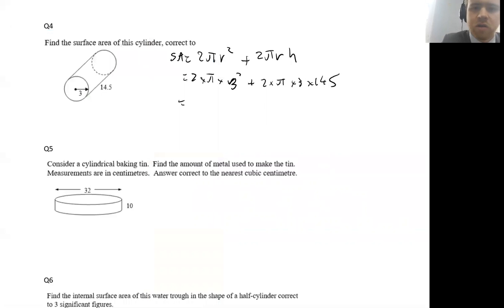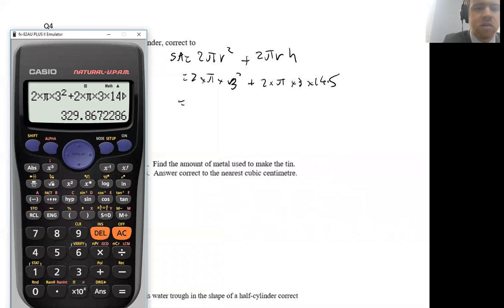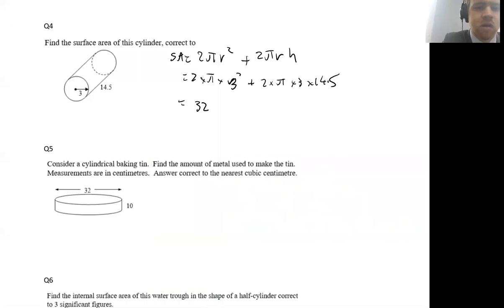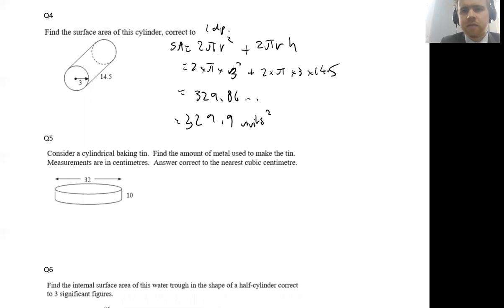Make sure, don't forget that point there. And we get our surface area, 329.86... equals 329.9. So let's go 1 decimal place. Okay, now it's going to be units squared. We don't have the units given. So that's the surface area of a cylinder.